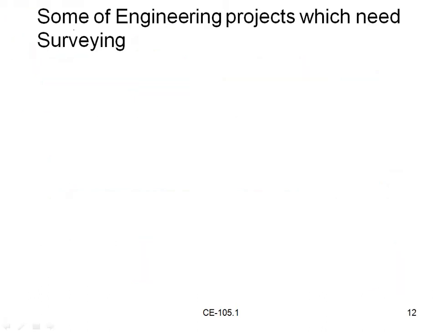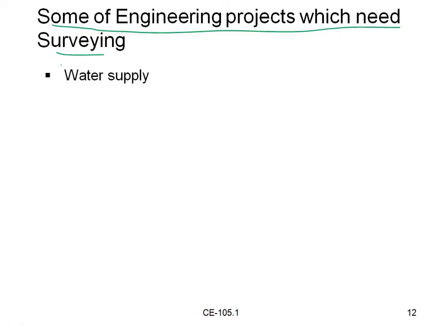And next, here are some of the engineering projects which need surveying. So let us see what engineering projects are required for the surveying. The first one is water supply.